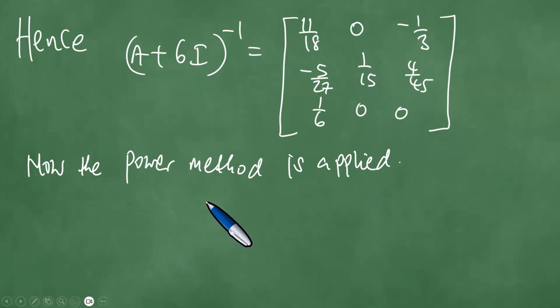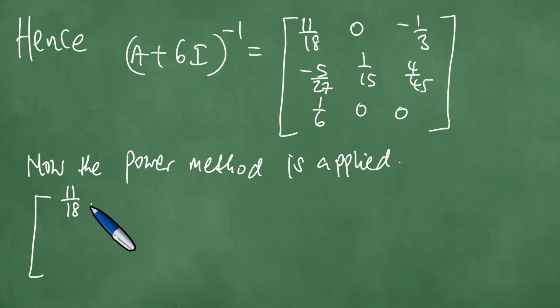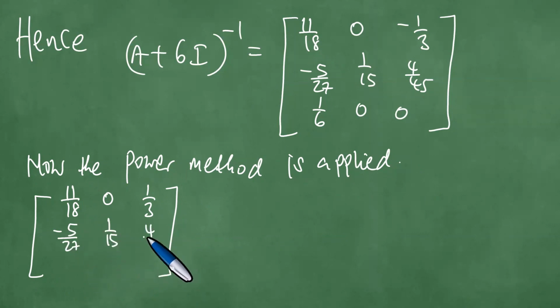Right, so obviously at this point using the power method, because we're dealing with the most intermediate, we're going to take the inverse, which is this one here, 0, minus 1 over 3, minus 5 out of 27, 4 out of 45, 1 out of 6, 0, 0.